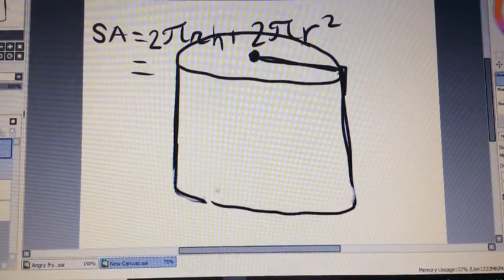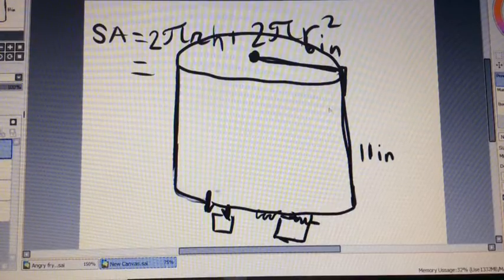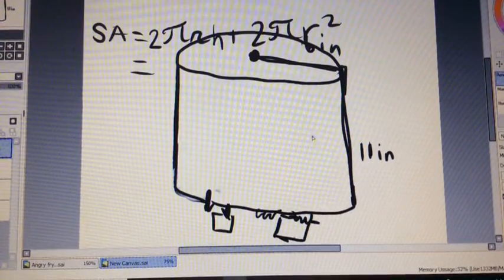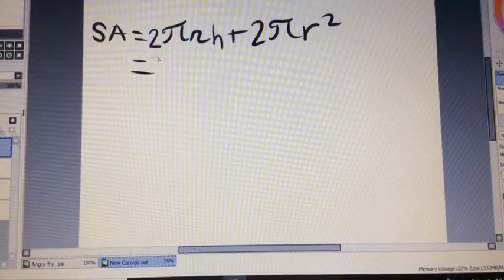All we have to do now is plug in the numbers again. So our radius, which is r, will be 6, and our height, which is h, is 11.